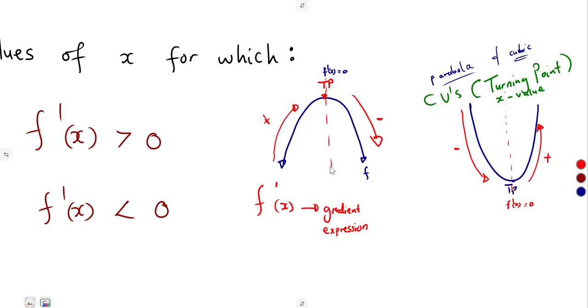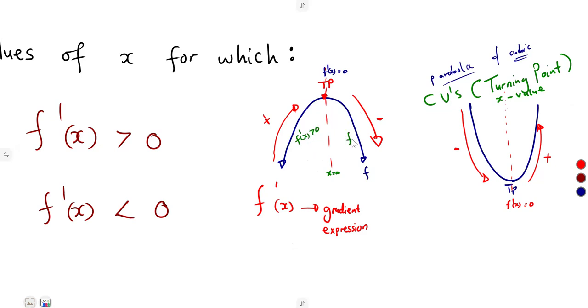So let's say this is where we have our x, and x is equal to a at the turning point. This side, we are having an increase, meaning that's positive. The first derivative is greater than 0, positive.